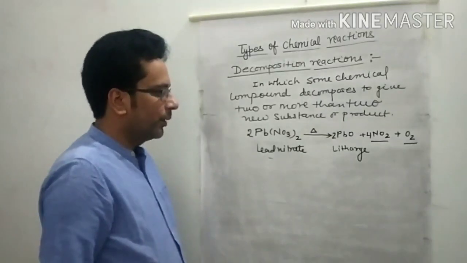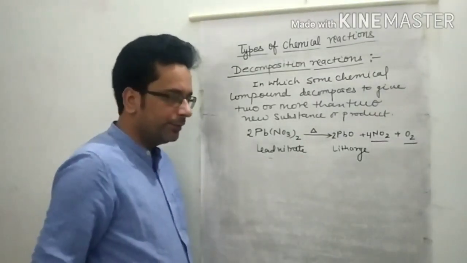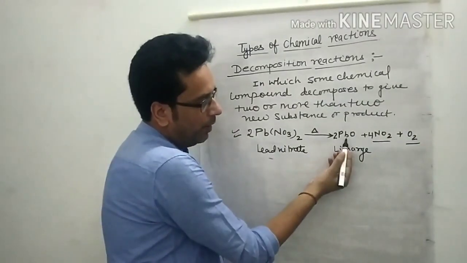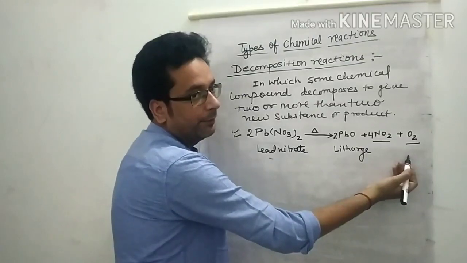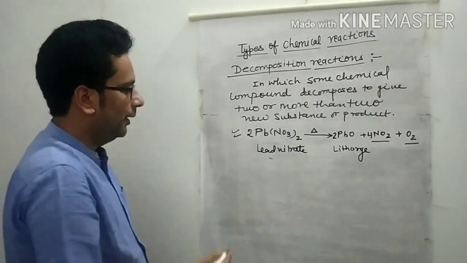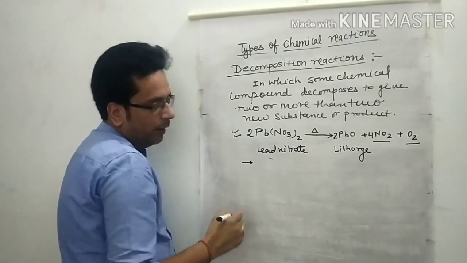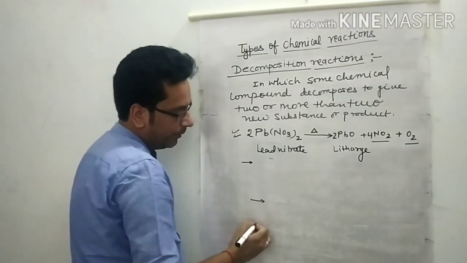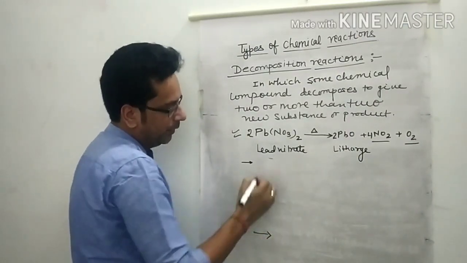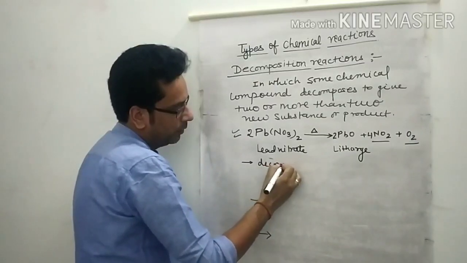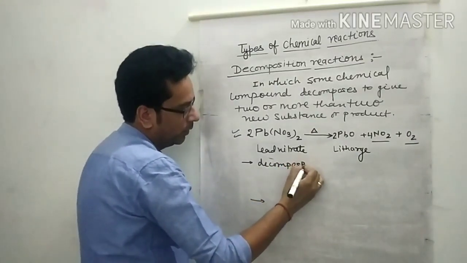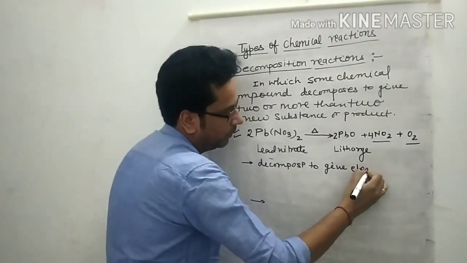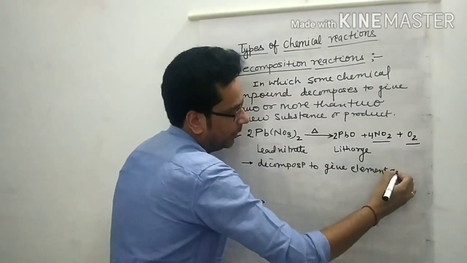Now look here. In this example, lead nitrate dissociates to form compounds and an element. So decomposition reactions are also divided into sub-reactions in three categories. First, decompose to give element and element.